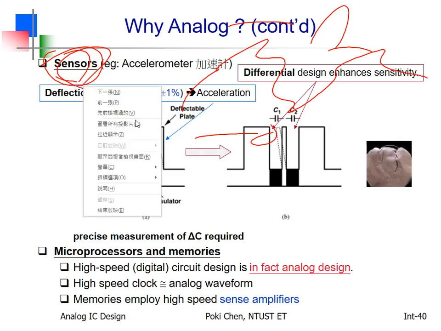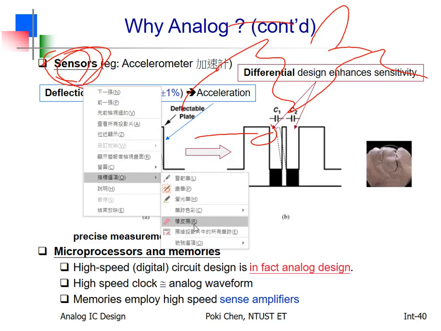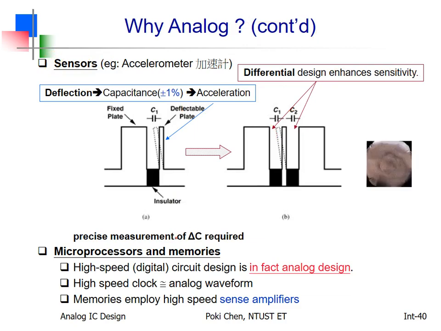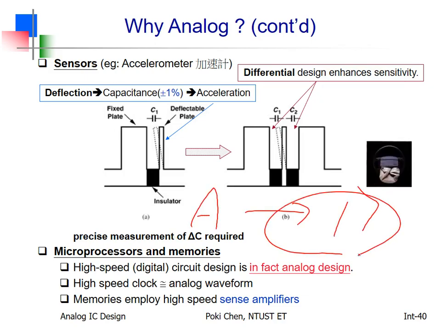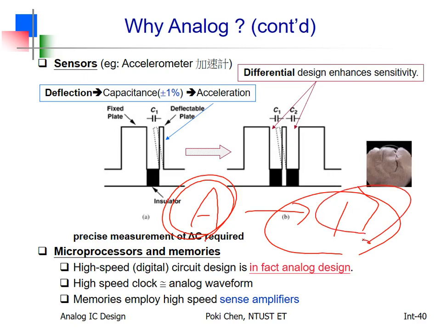A very simple definition for a sensor is to convert some kind of physical quantity from A to B. For example, a temperature sensor converts the physical quantity called temperature into what? Voltage or current.